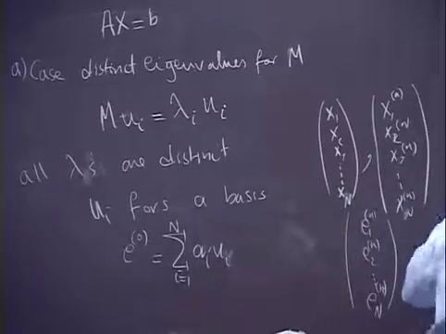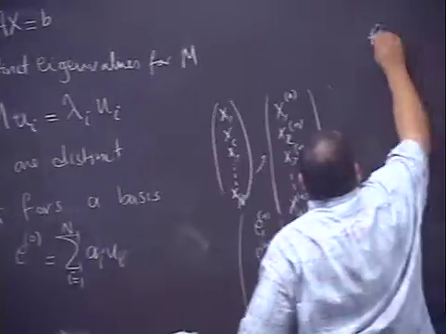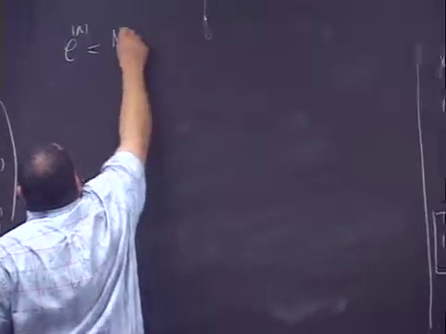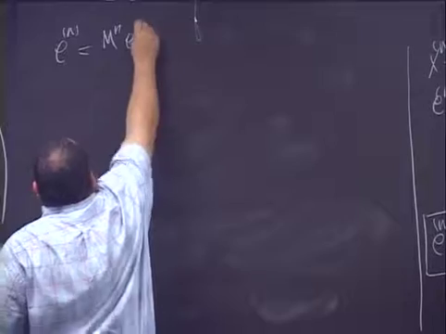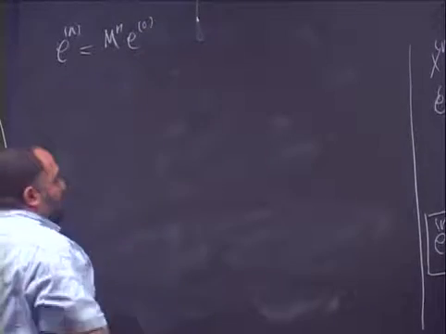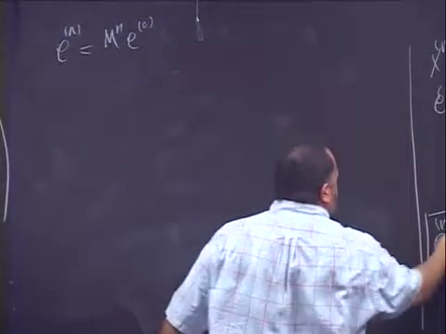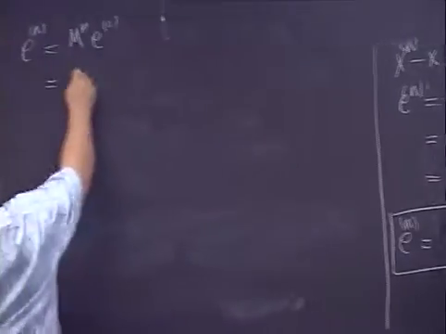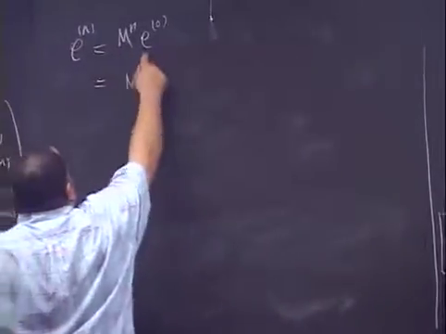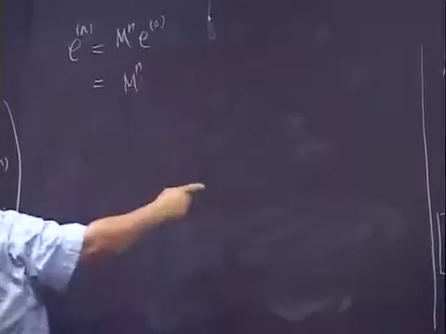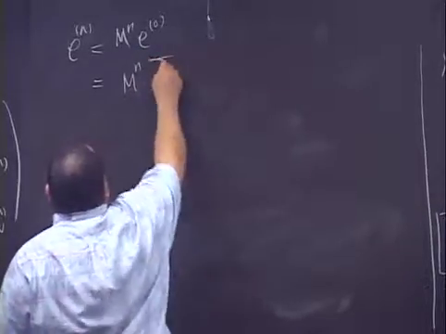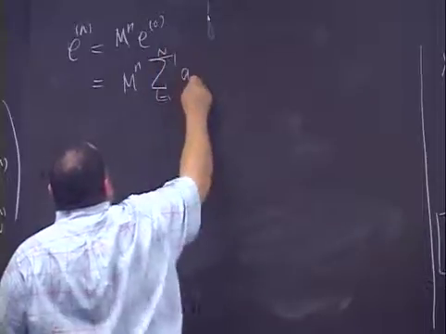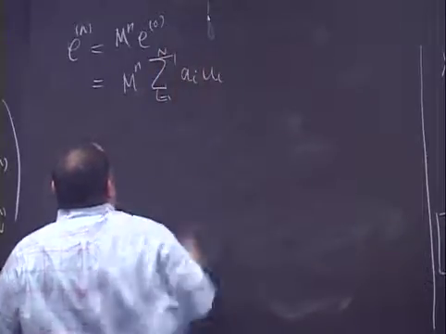So in this case, I know that en is just equal to M to the power of n multiplied by e0, which is from this relation. So I can now substitute for e0 from this relation, and this will give me the summation over i equal to 1 to N of ai Ui.